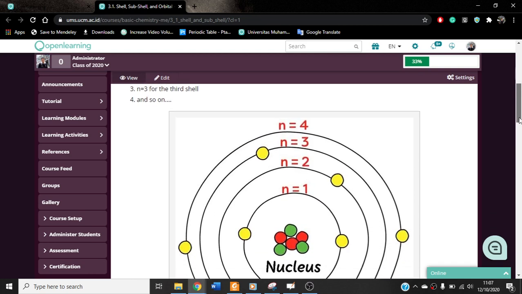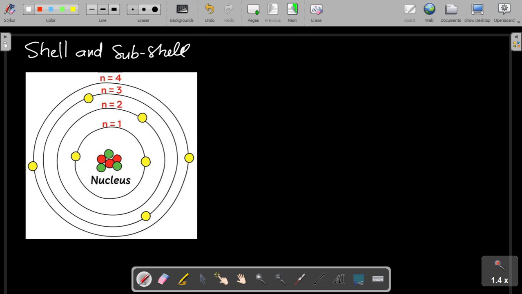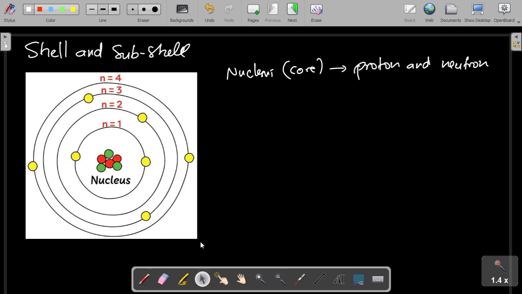As we already learned from the scheme of an atom, the core of the atom is called the nucleus, which consists of protons and neutrons. And the shell is a path for electrons to move around, where we are able to find the electron.